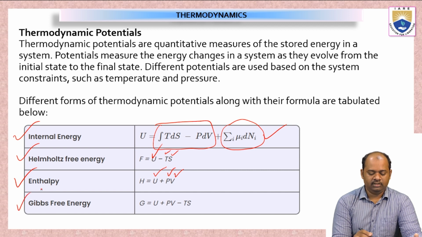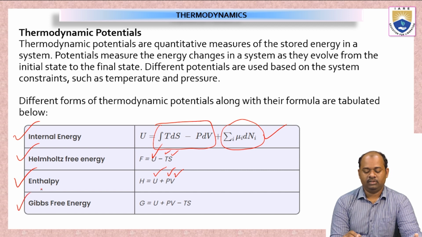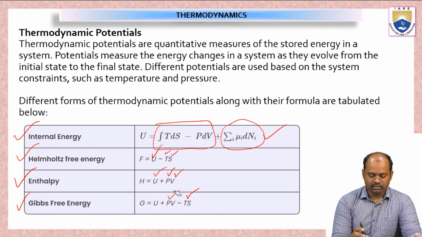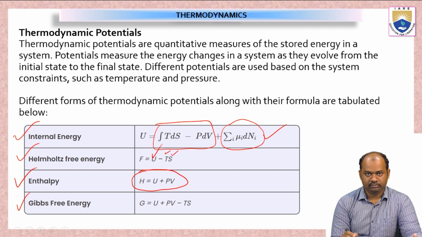And the fourth one is Gibbs free energy. The Gibbs free energy formula is G is equal to internal energy plus pressure into volume minus temperature into entropy. If we carefully observe, in the enthalpy equation we have H is equal to U plus PV.